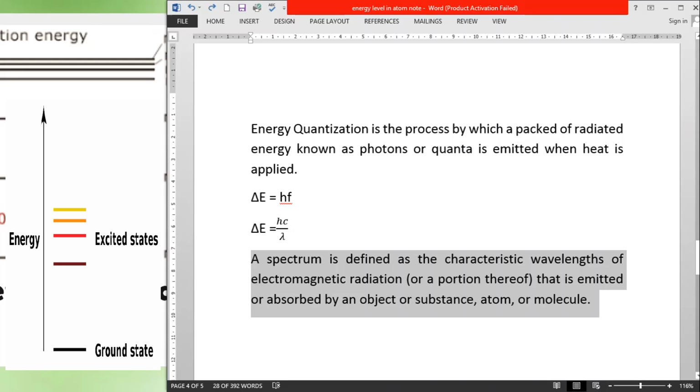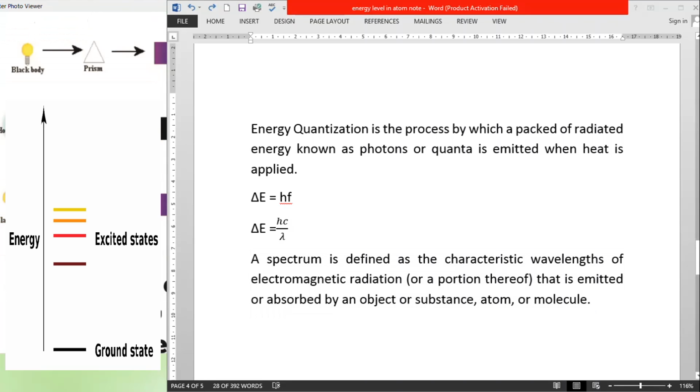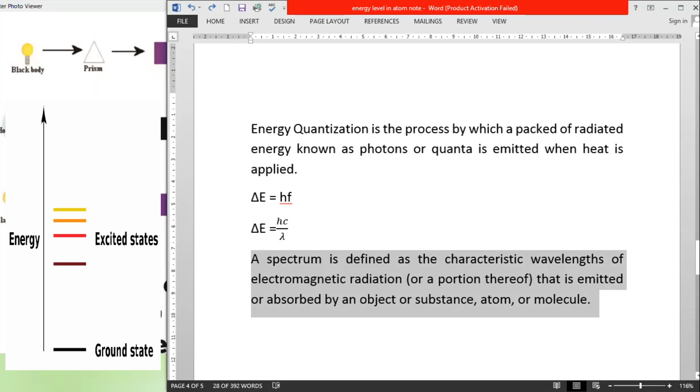So we are going to be looking at a spectrum. A spectrum is defined as the characteristic wavelength of electromagnetic radiation that is emitted or absorbed by an object. So that is what it is.